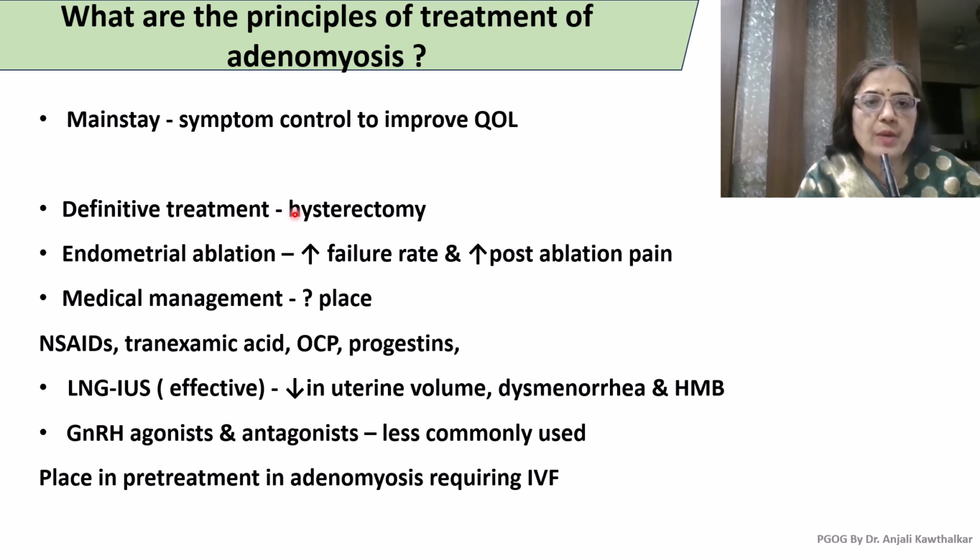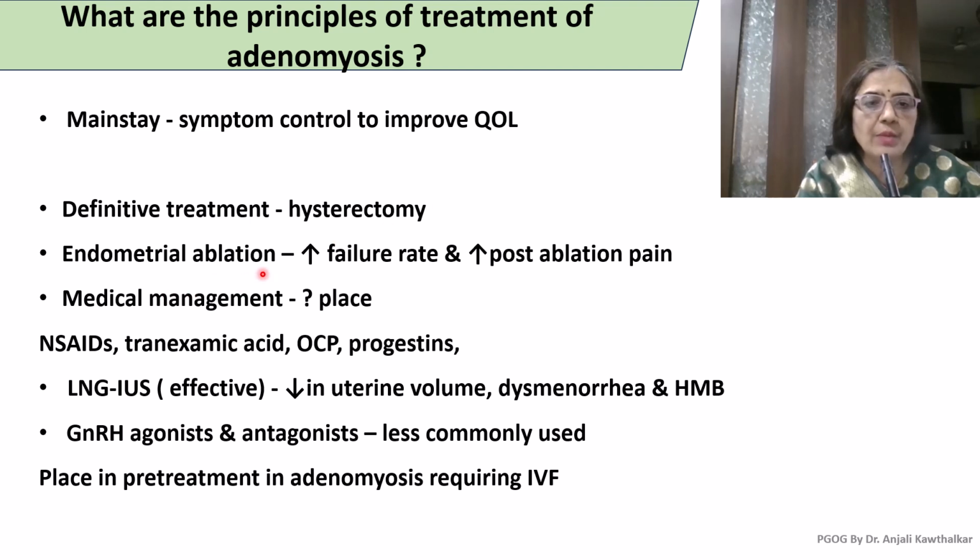Definitive treatment for adenomyosis still remains hysterectomy, but other conservative ways of treating the disease are now being tried more and more, as we are diagnosing it in younger women, especially those who have not completed family.